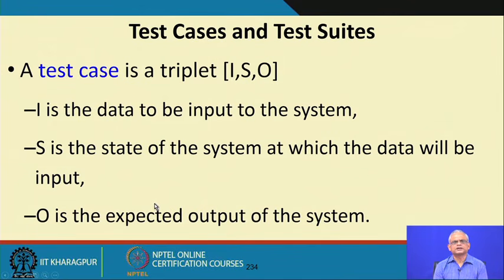Based on that, we can say that a test case has three components, I, S and O. I is the input data or test data to the system. S is the state of the system at which the data will be input, and O is the output that should be expected. Just to give an example of the state at which the data is to be input, let us consider a functionality in a library system, let us say renew book.